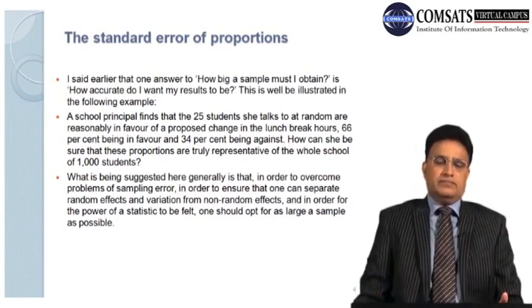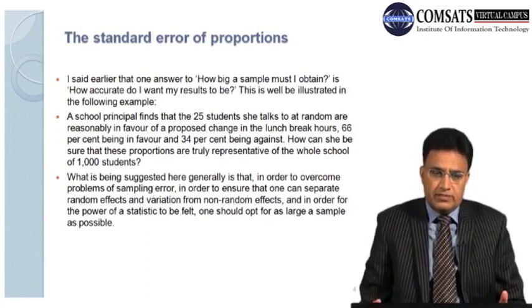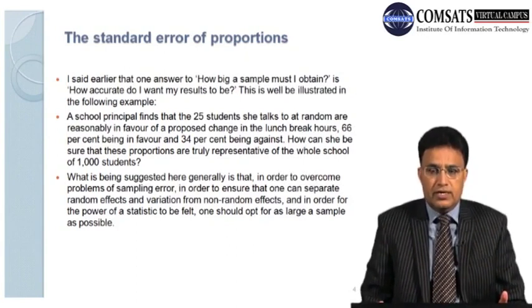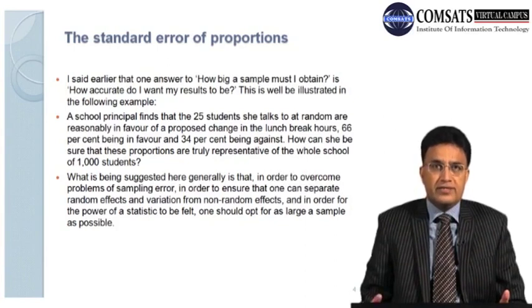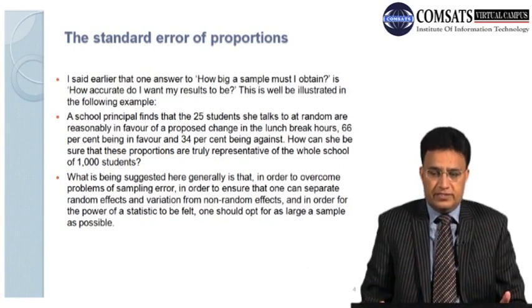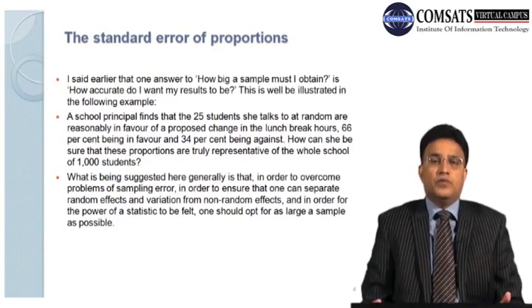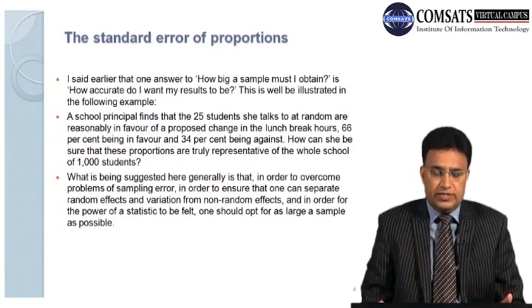Look at this example. A school principal finds that the 25 students she talks to at random are reasonably in favor of a proposed change in the lunch break hours, 66% being in favor and 34% being against. How can she be sure that these proportions are truly representative of the whole school, which has 1,000 students?